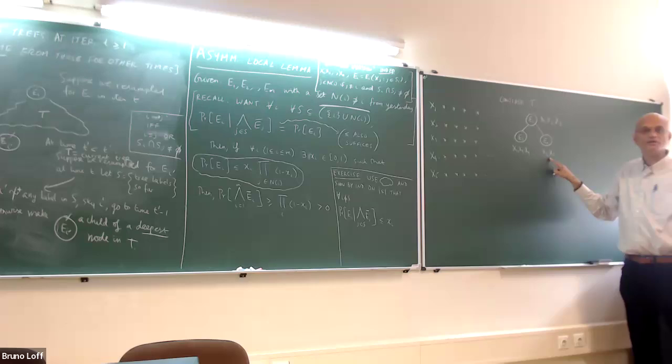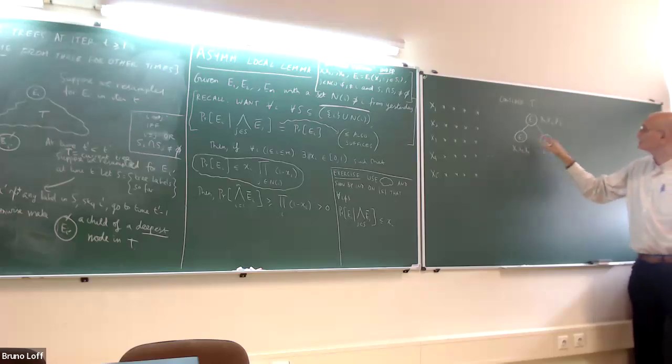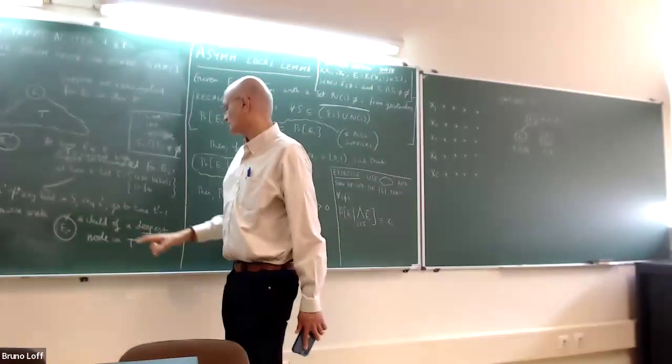Can somebody say why? I claim that every level of the tree is an independent set, in terms of not sharing any variables. Suppose they share a variable. Then the one that came later in time, why did it become a child of EI? It could become a child of EJ. Remember, we put it as the deepest. This is important.